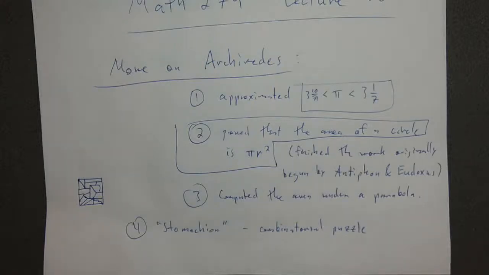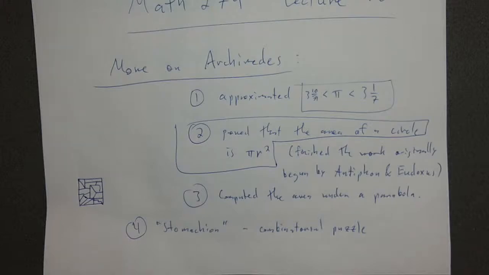Okay, so one more fact about Archimedes. As I had mentioned earlier, Archimedes was in constant correspondence with mathematicians in Alexandria. Unfortunately, a lot of these letters were lost until much later. Some of them were translated by Arab translators.